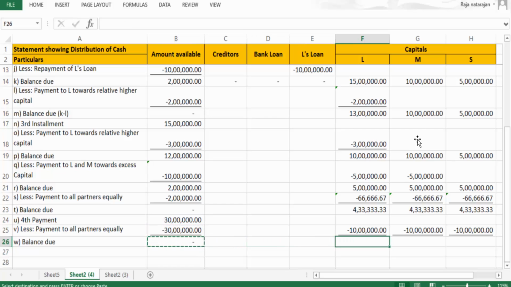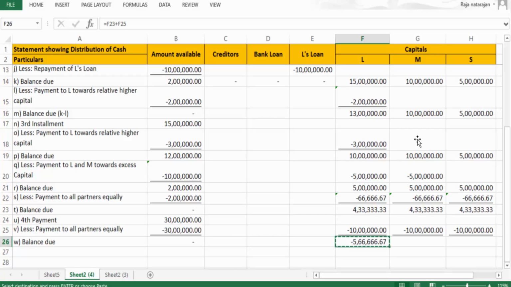But here we see some difference. What is happening? The amount that is due is 4 lakh 33, but what is paid is 10 lakhs, and they are having some negative numbers. So now how I'm going to look at it is, this is the additional money that is going to the pockets of partners.